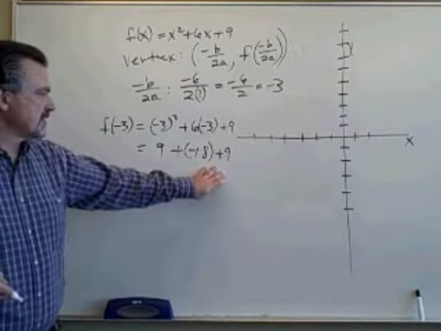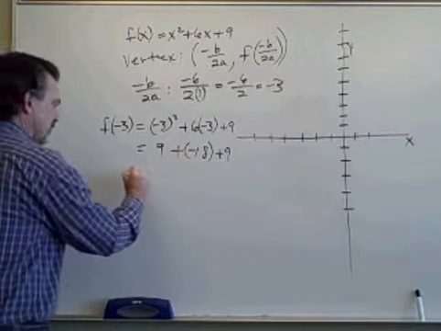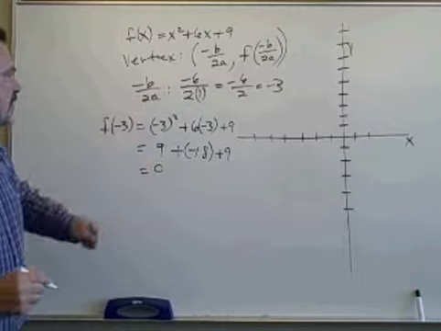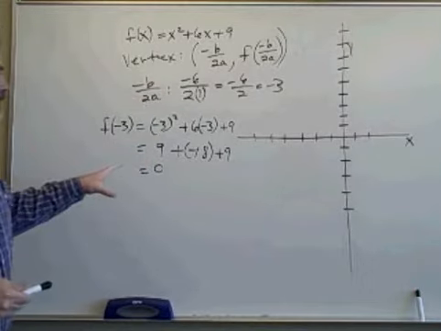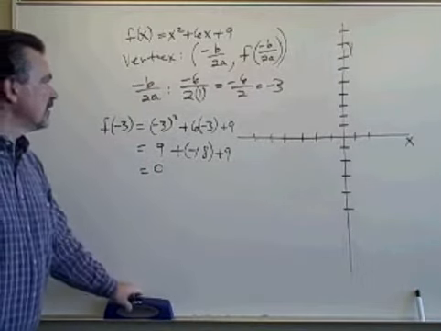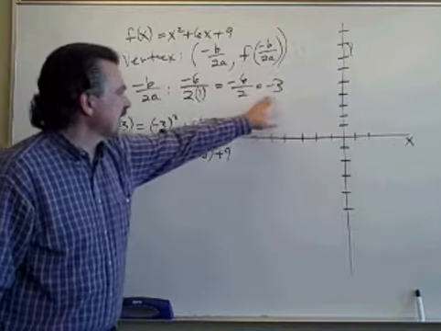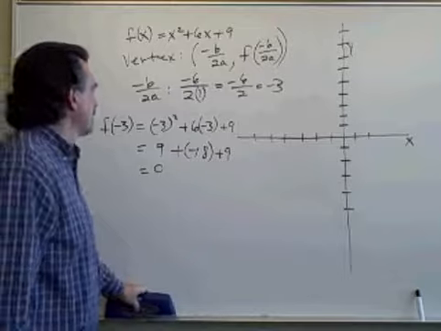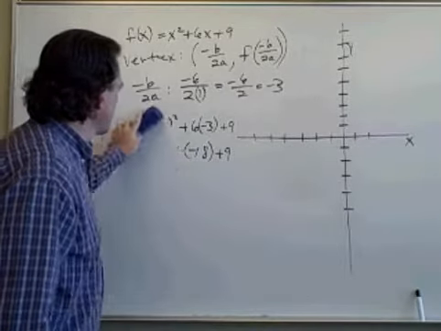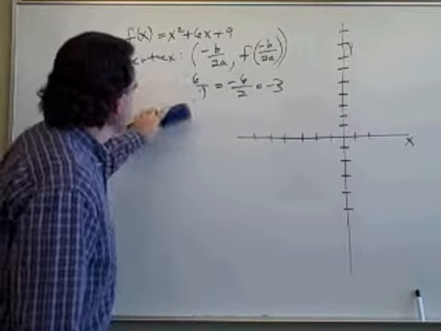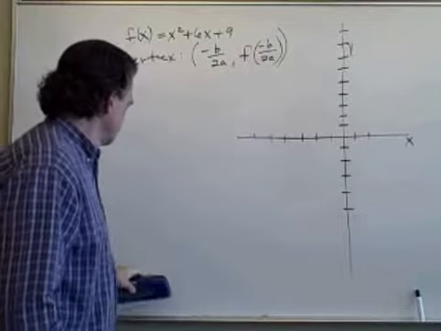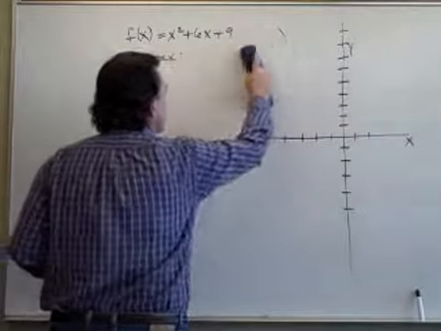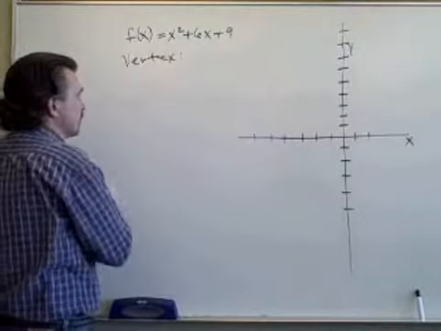Well, 9 and 9 is 18, and 18 minus 18 is 0. So the vertex for this quadratic function is the point negative 3 for x, 0 for y. The vertex is negative 3, 0.